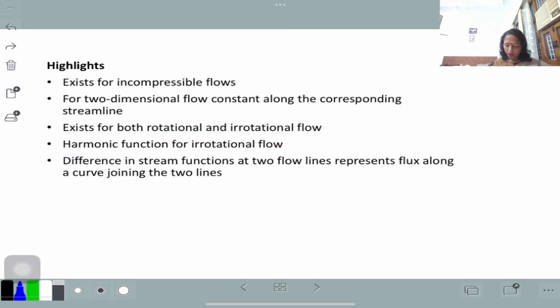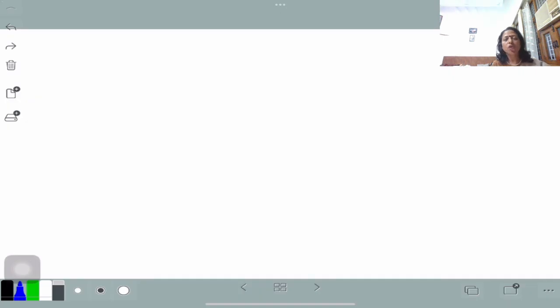So first of all, if I talk about the existence of a stream function, then we'll consider the two-dimensional incompressible flow.